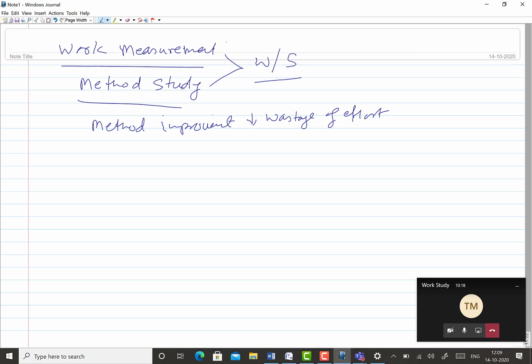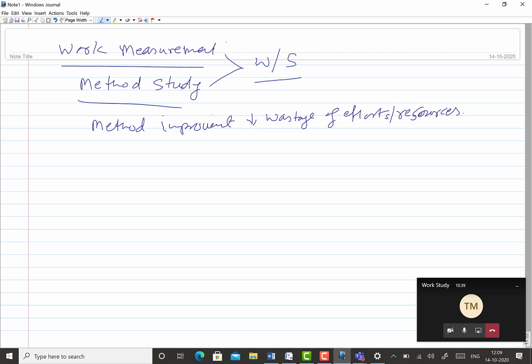So anything which is redundant and not good, or wherever the wastage of the efforts and resources is taking place, the efforts are made to cut down those wastages, by using the improved method.